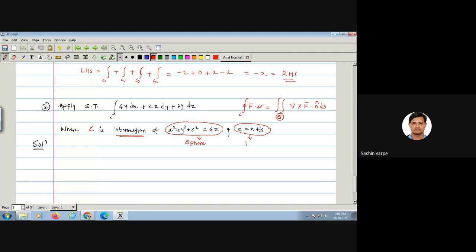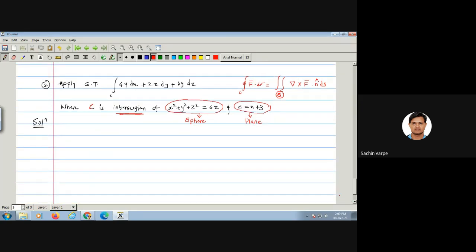It is a plane. And you must know the intersection of sphere and plane. What is the curve of intersection of sphere and plane? Circle. Exactly. Suppose this is a sphere, right?